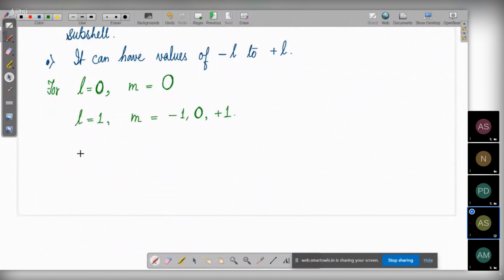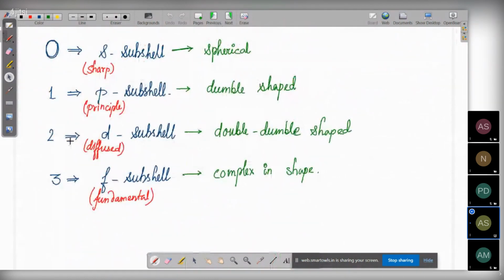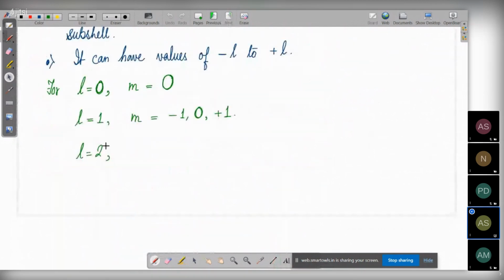Then what if the value of l is 2? l equal to 2 means the d subshell. Then the value of m can be minus 2, minus 1, 0, plus 1, plus 2.